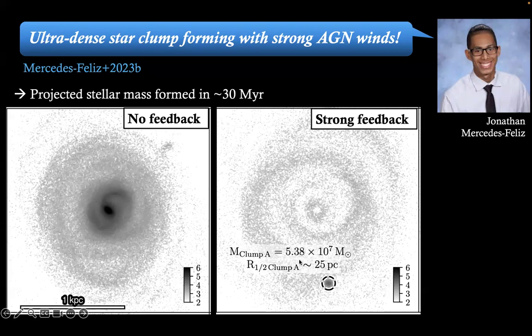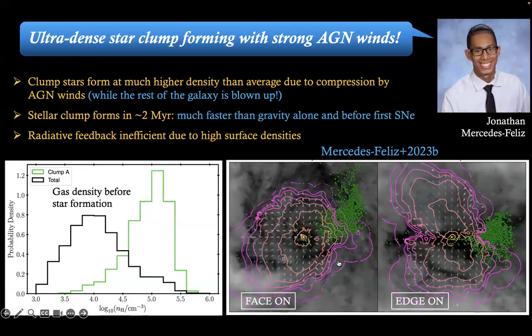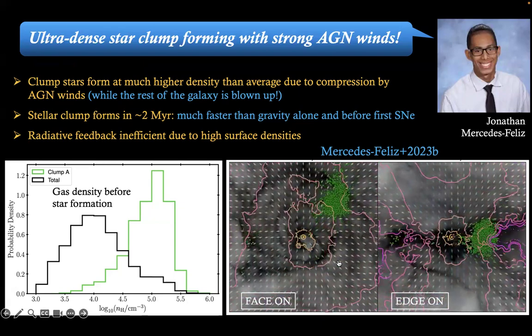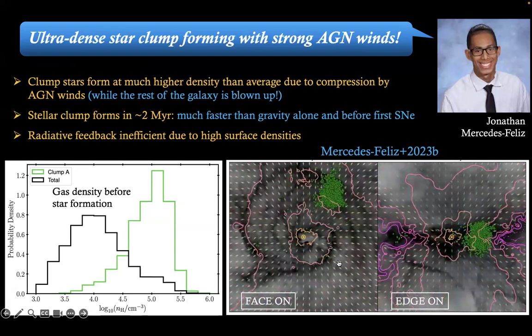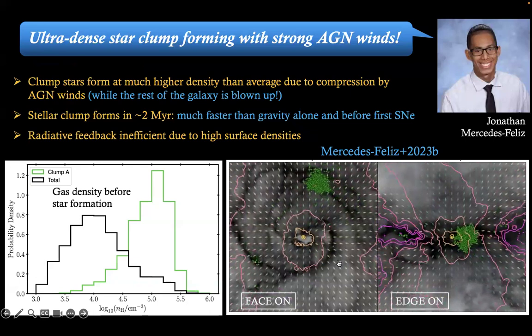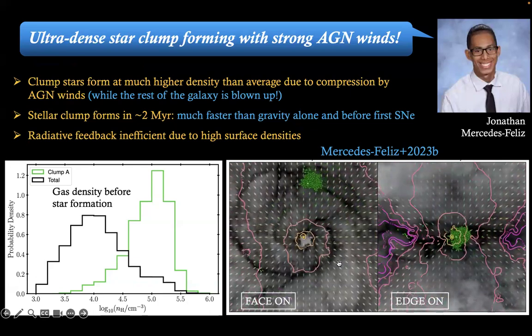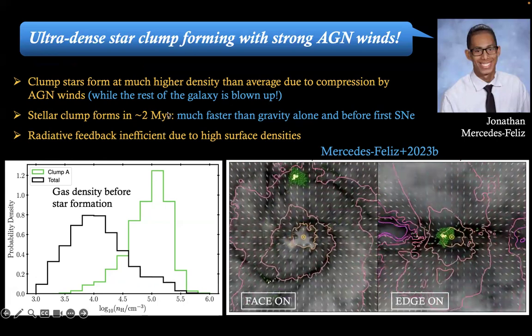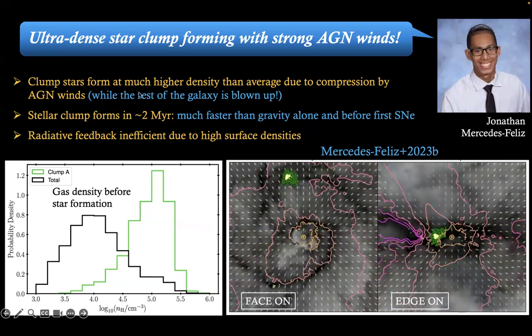This is a clump with more than 10^7 solar masses concentrated on a scale of around 25 parsecs. Jonathan has done a very detailed analysis of the formation of this dense stellar clump, concluding that it is indeed this rapid pressurization or compression by AGN winds which is driving the formation of the clump, converting most of its gas into stars in less than 2 million years.